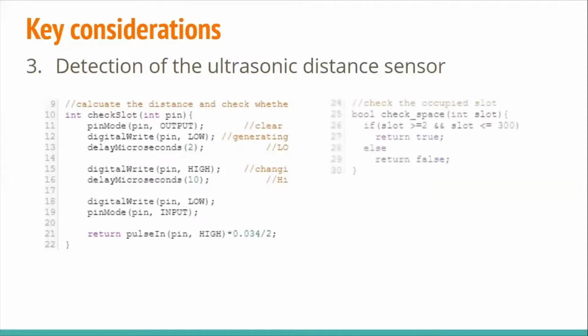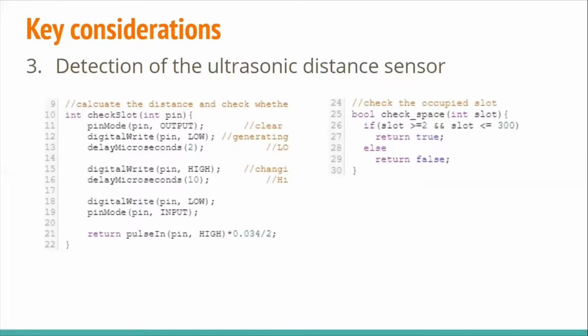And in the second function called check space, in the if case, we set that if an object or a car is detected within the range of 2 cm to 300 cm, it means that the car is occupying the space, then the function will return true.